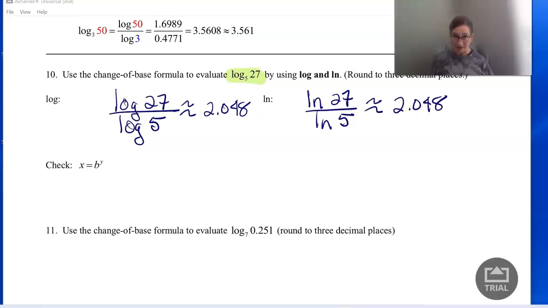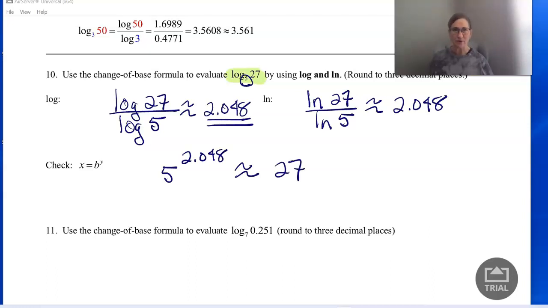If you want to check your answer, remember what a log is. A log is that exponent. So I can check this by taking the base of that log, 5, raising it to our exponent, 2.048, and it should give me approximately 27.